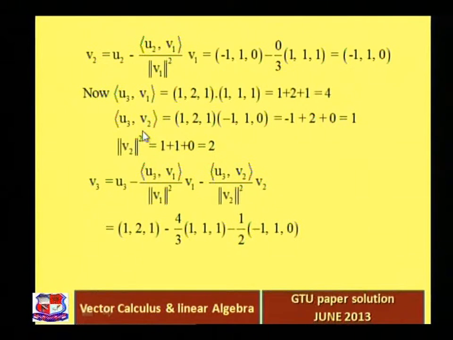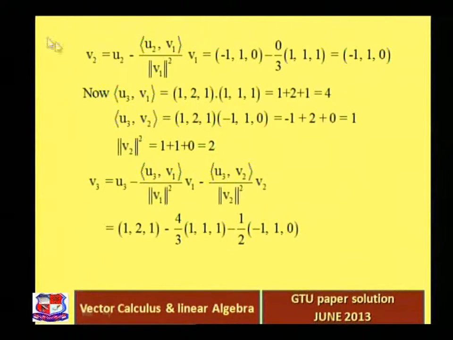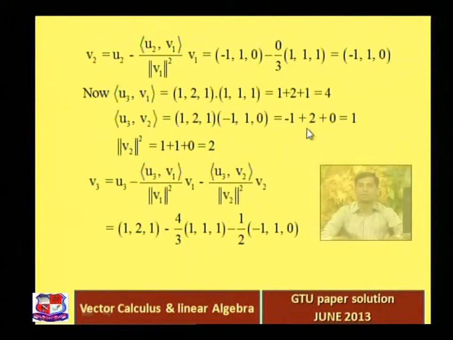Now inner product u3 v2. Here u3 is (1, 2, 1) and v2 is (minus 1, 1, 0). So 1 into minus 1, that is minus 1, plus 2 into 1, plus 0.